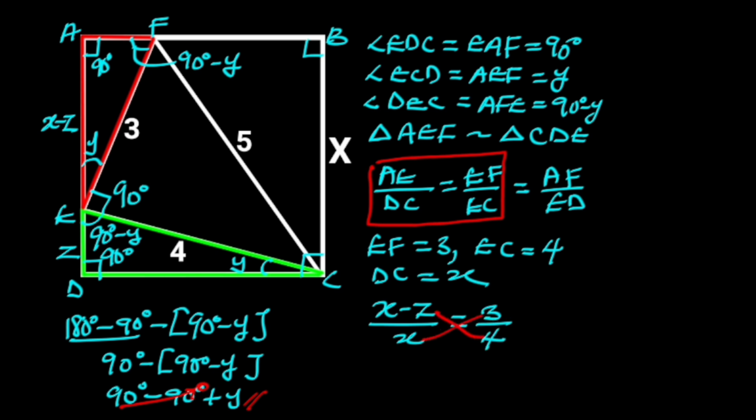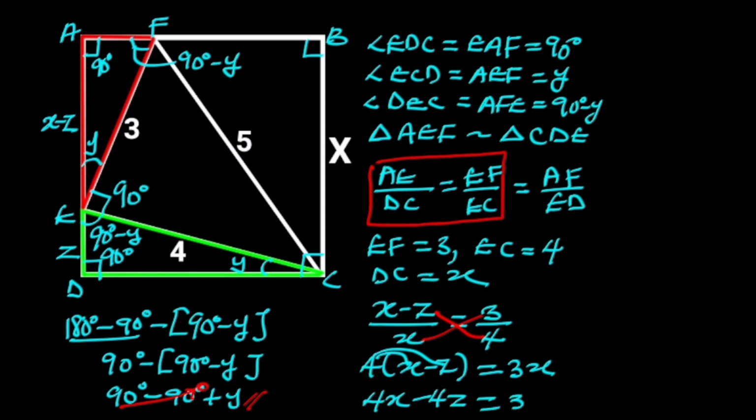Next, we cross multiply, and this will give us 4 times x minus z is equal to 3x. 4 times x is 4x, 4 times z is 4z. So we have 4x minus 4z is equal to 3x.